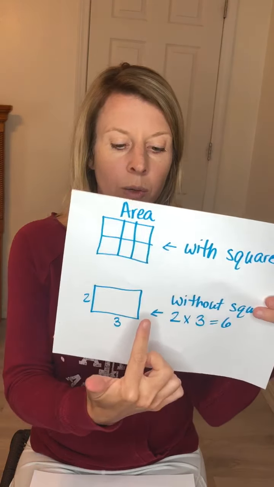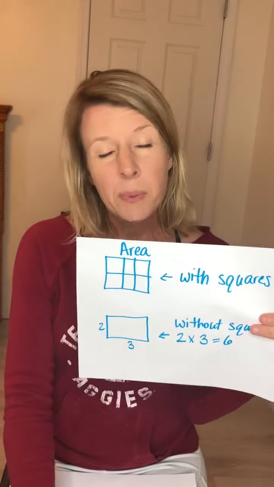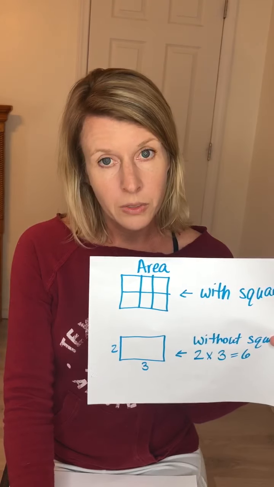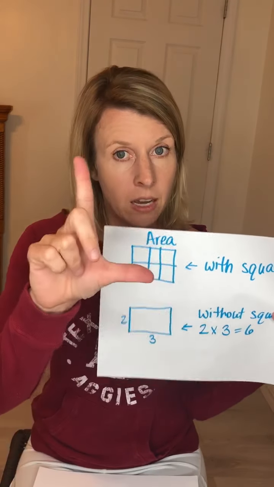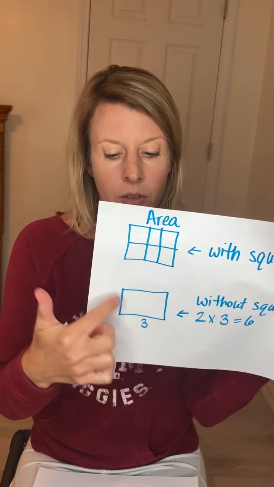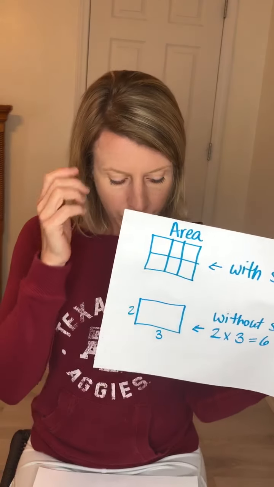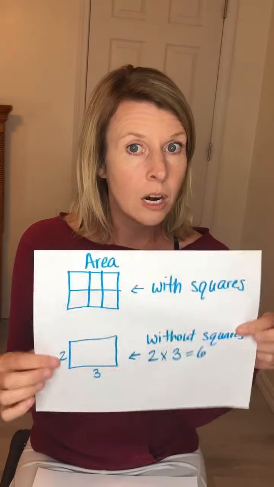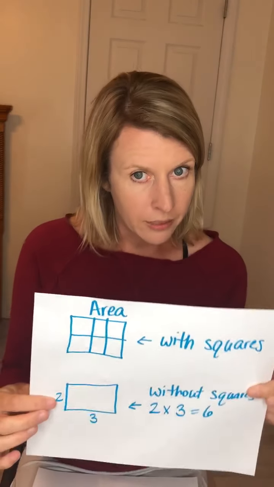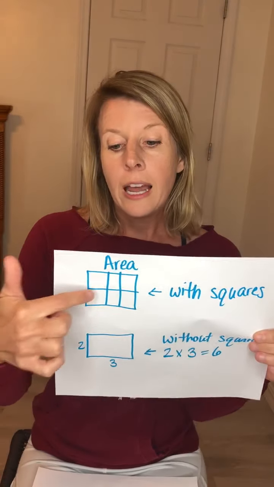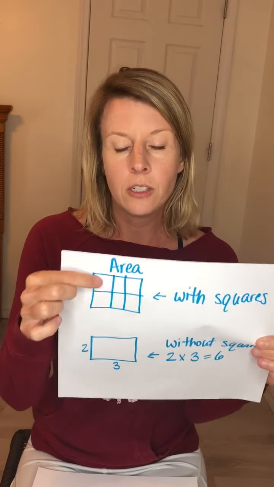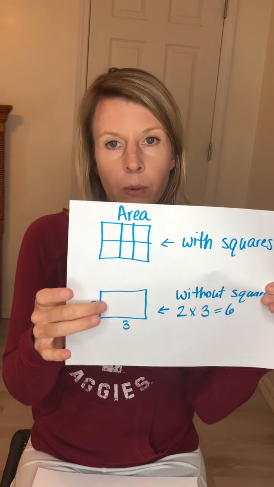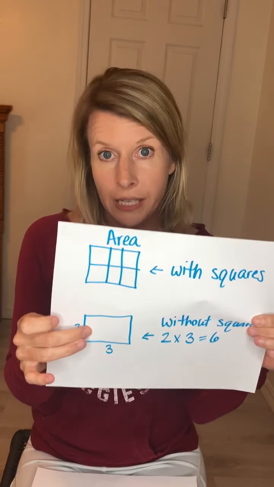Now if this side is 2, we know this side is 2. We're not going to multiply 2 times 2, are we? Because that's not the L. We're going to multiply the L, the length and the width. So that's really important to know when you're finding area. We are multiplying the length times the width or adding up the squares. This is the beginning of the year. This is what we know how to do now that it's the end of the year.